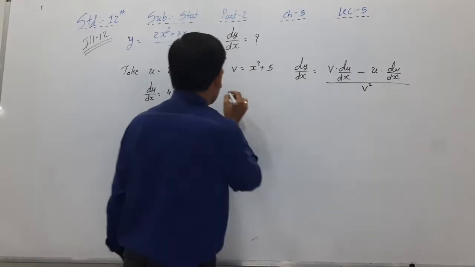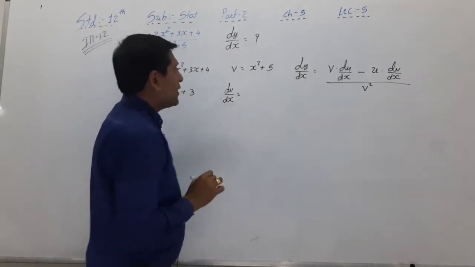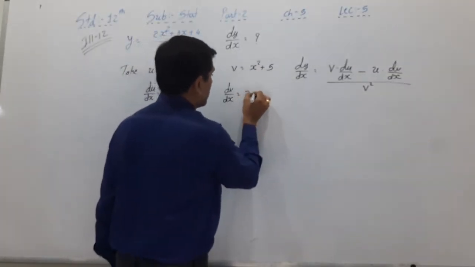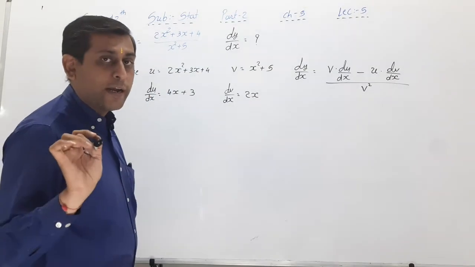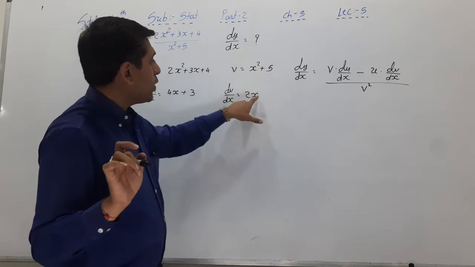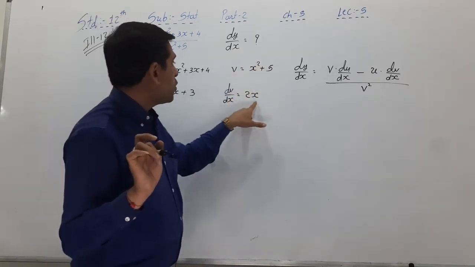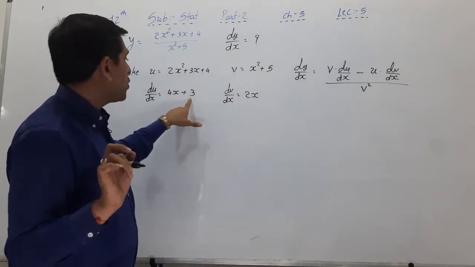Now dv by dx. What is that? 2x square gives 2x, and here the constant is 0, so we don't have to write 0. 2x raised to 2 minus 1, that is 1, and we don't write 1, so x square gives 2x. 2x square is 4x. 3x is 3.